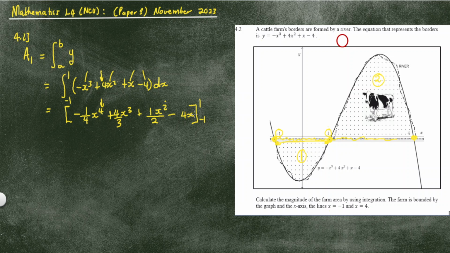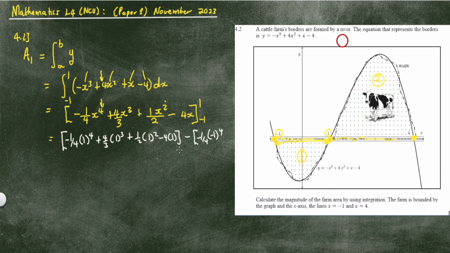Then we're going to calculate 1 over 4, then 1 exponent 4 plus 4 over 3 times 1 cubed plus 1 over 2 times 1 squared minus 4 times 1, close bracket, minus negative 1 over 4 times minus 1 exponent 4.